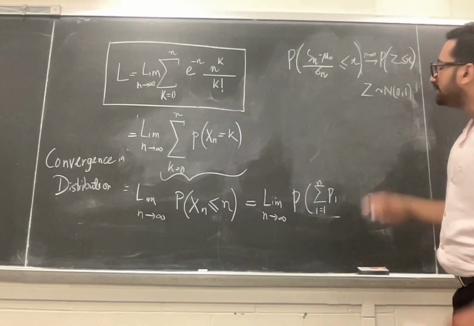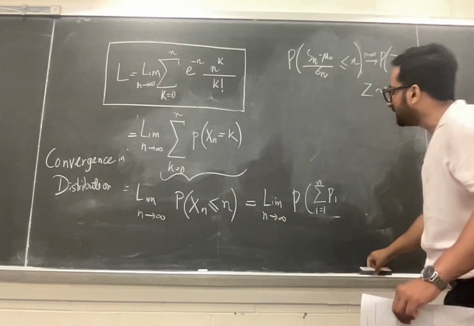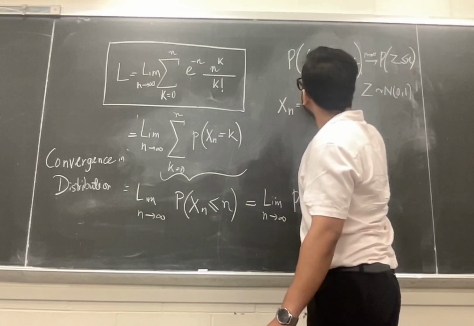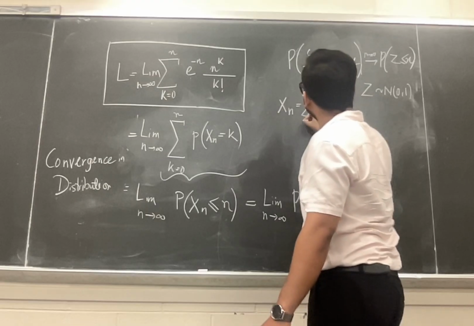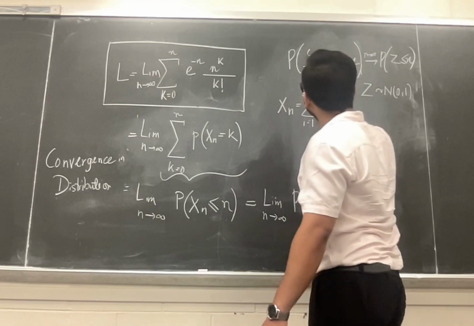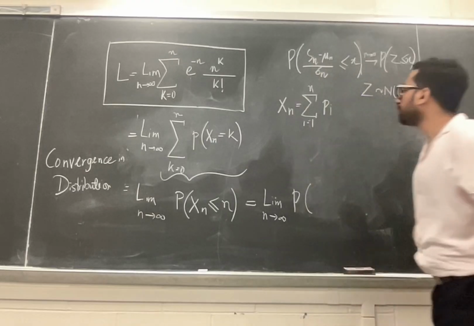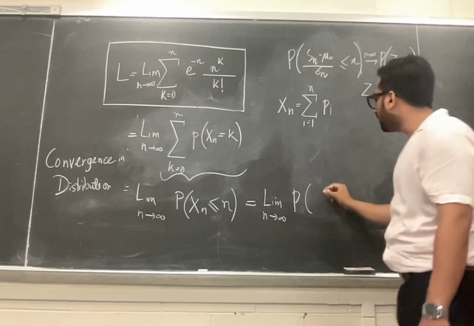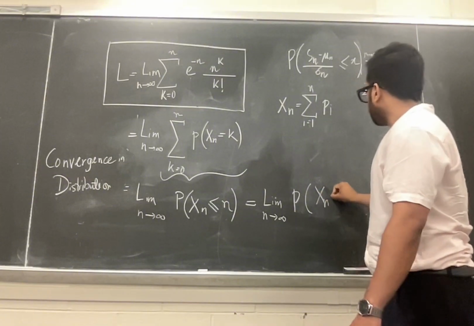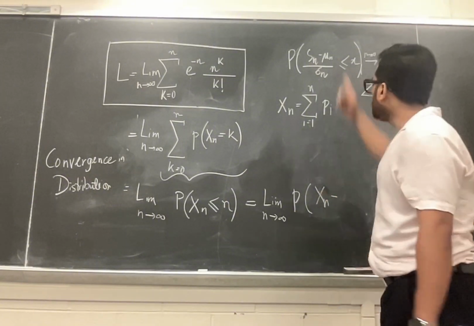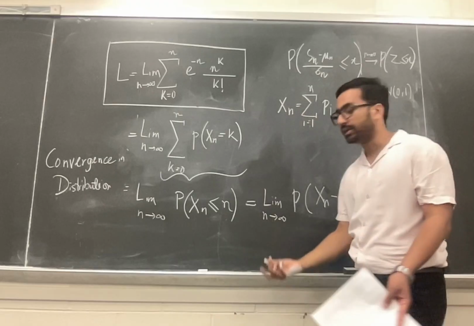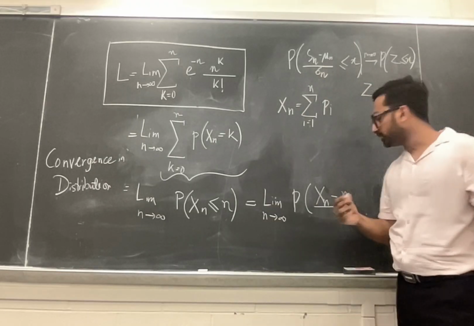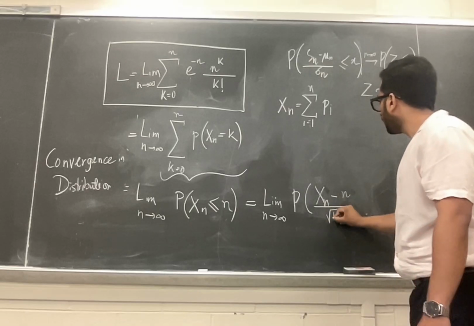So how do we use that here? Here Sn is nothing but Xn, if you remember. Xn is nothing but the summation of i from 1 to n of Xi, so here Sn is equal to Xn. Xn minus mu n: the Poisson mean is n, and the standard deviation is root n.